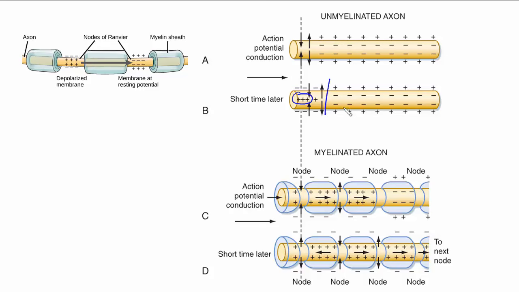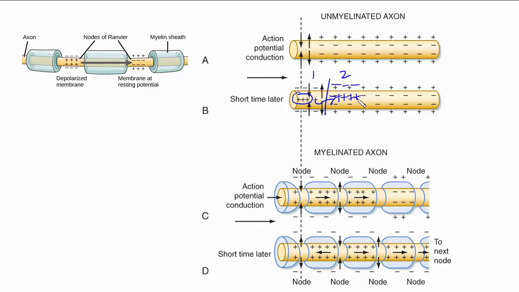The rest of the neuron, though, is still at resting potential. This entry of positive charge will then diffuse down to the next region, right adjacent to it, and if possible, depolarize this region to threshold. When that happens, positive charge will rush in, and this will flip to that, and now the action potential has moved from there to there.